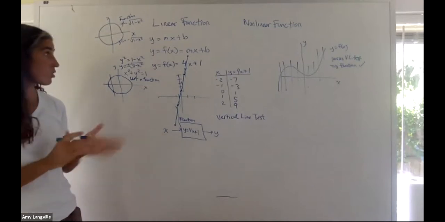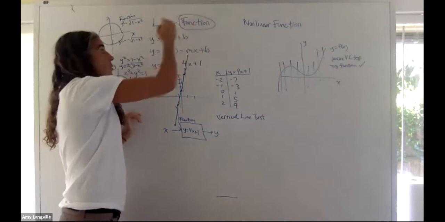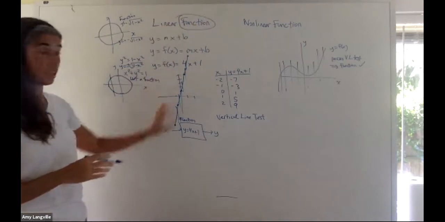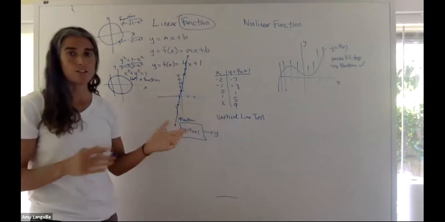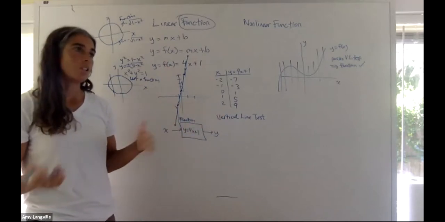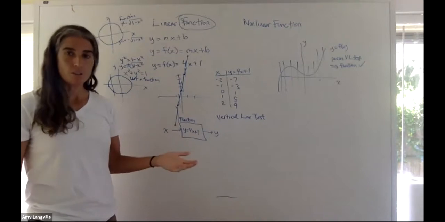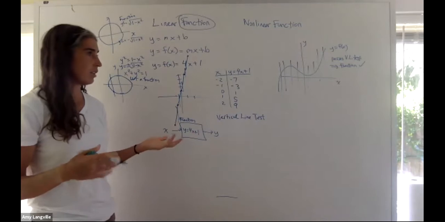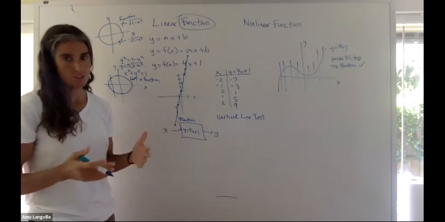And again, a function just means a relationship between variables. In this case, we're only going to have two variables because we're always stuck in the xy plane. We'll have an x and a y, or a t and a p, time and profit that we've made over time, time and money that is in your bank account.